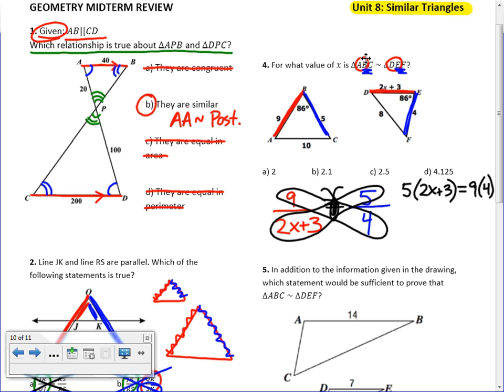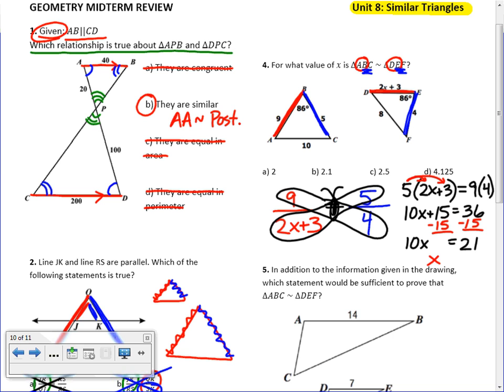So at this point I have to distribute, and I get 10x plus 15 is equal to 36. Subtract 15 from both sides, and I get 10x is equal to 21.